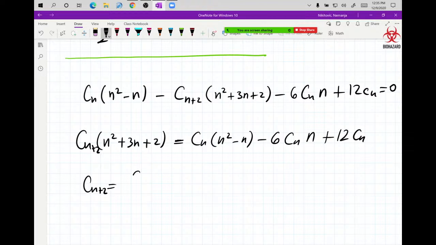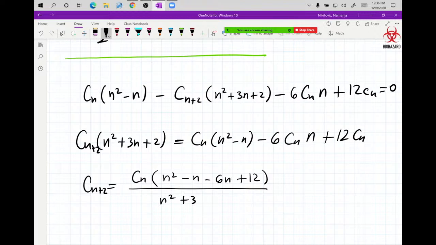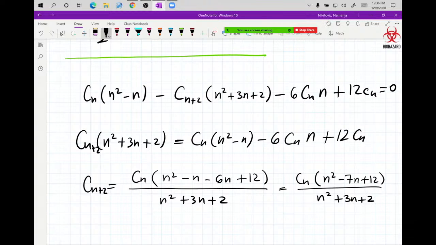You see, when you factor out Cn over here, what's left is n squared minus n minus 6n plus 12. And on the bottom, you just have n squared plus 3n plus 2. So the top gets simplified into Cn times n squared minus 7n plus 12 divided by n squared plus 3n plus 2.